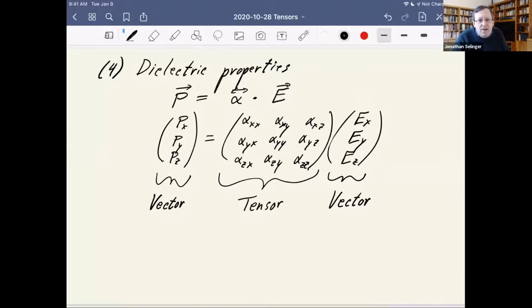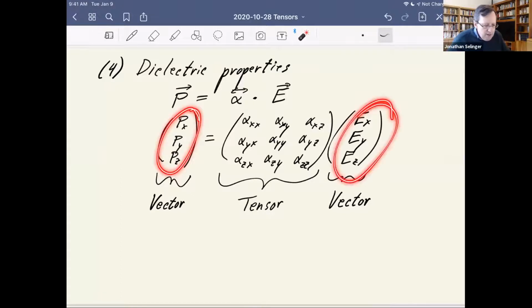It's a higher order three-dimensional object, which expresses the relationship between these two vectors. So this is an example of a tensor. It shows that you can't just throw together any nine numbers, but it has to be nine numbers that describe an actual three-dimensional object.